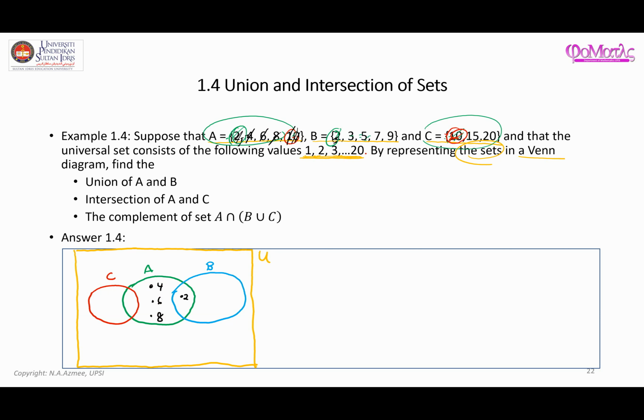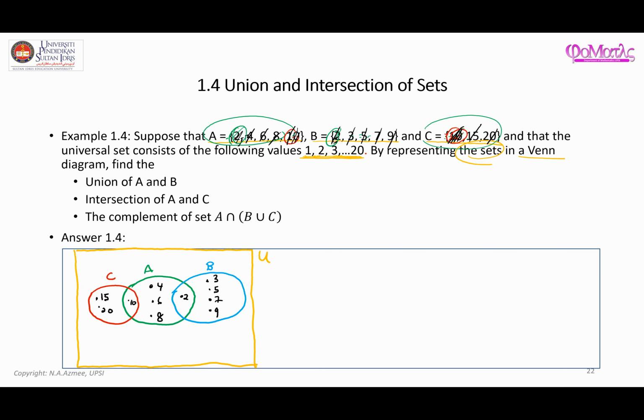And 10 over here is shared with C, so we have 10 somewhere here. Next, we have 3, 5, 7 and 9. And then finally we have 15 and 20, so this is 15 and 20.